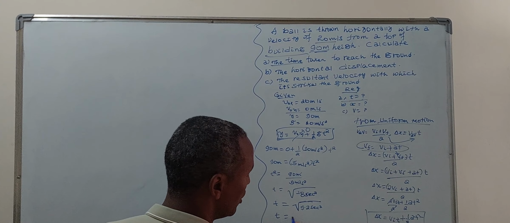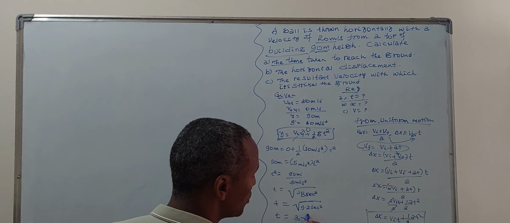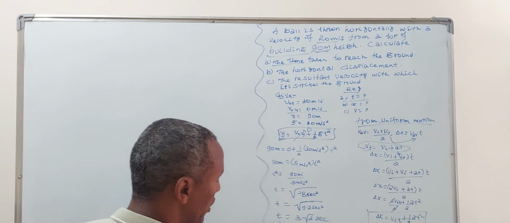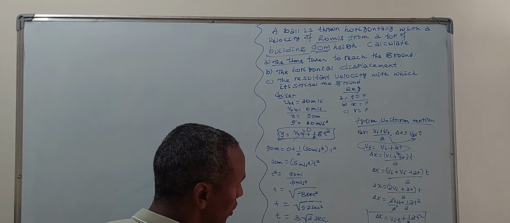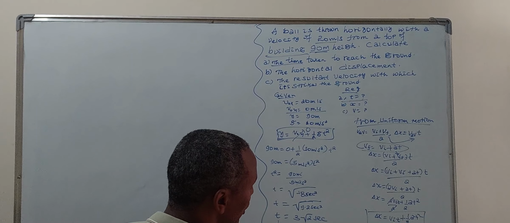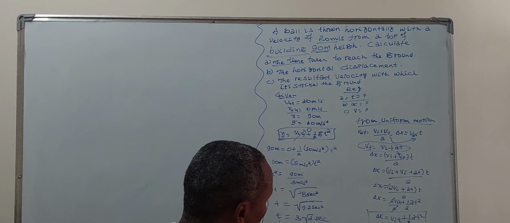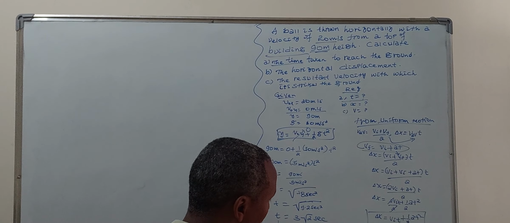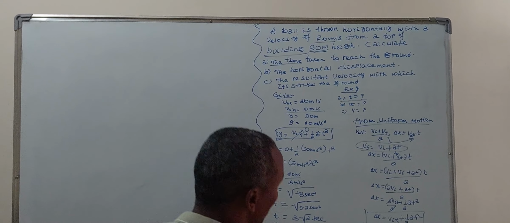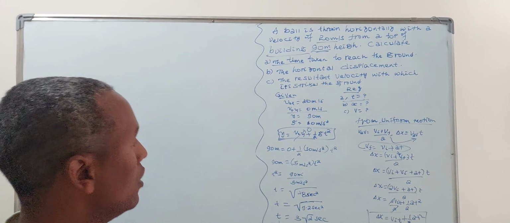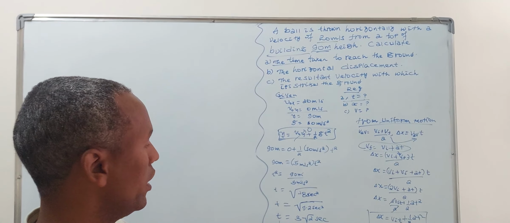Then t is equal to 3 square root of 2 seconds, which is equal to 4.24 seconds, which is the time. We did find the time. So this is the solution for time.